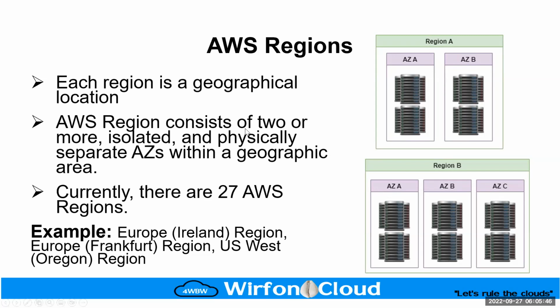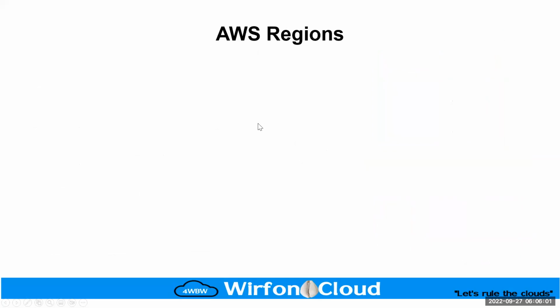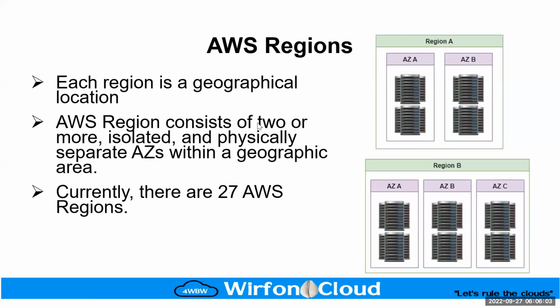Firstly, I would say the probability is very low that the whole region has an outage. Because remember, a region is made up of 2 or more data centers. It's not like it's one data center. It's very important to note there.